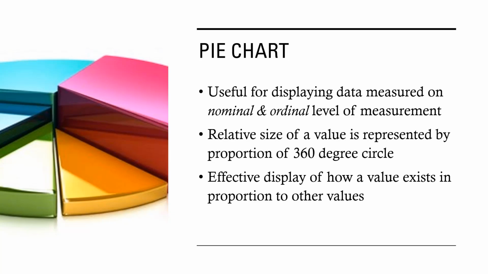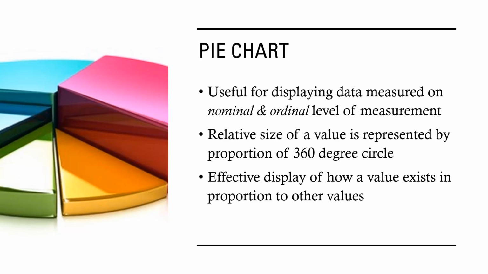Another common type of graph or chart is the pie chart. This one is similar to the bar graph in how it's useful for displaying data measured on nominal and ordinal level of measurement variables. But while the bar graph has different bars across the horizontal axis, with the vertical axis representing the frequency of each value, the pie chart exists in a 360-degree circle.